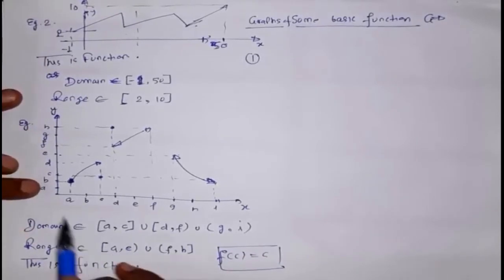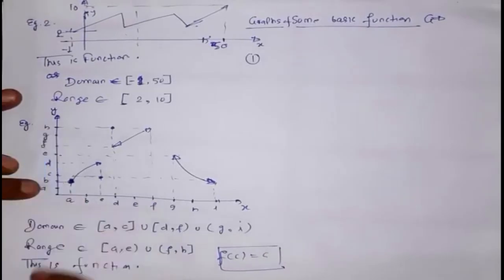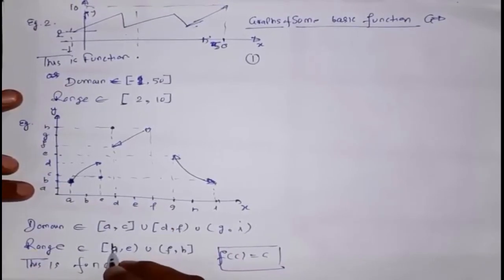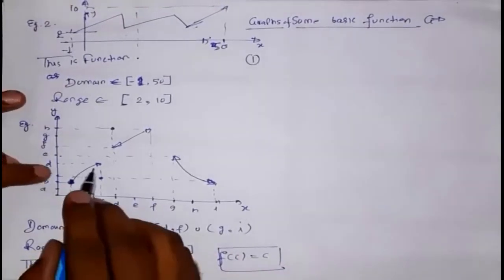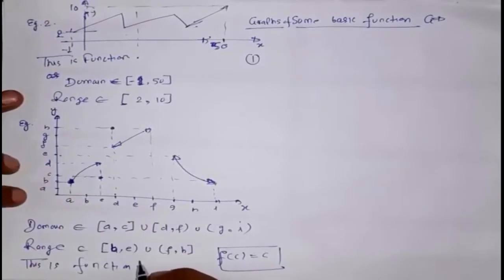Now, as far as the range is concerned, the range is the set of values of y along the y-axis where the graph exists. Sorry, I have written it wrong.